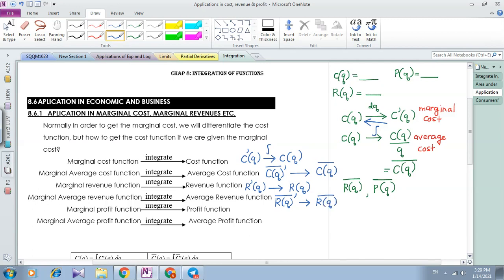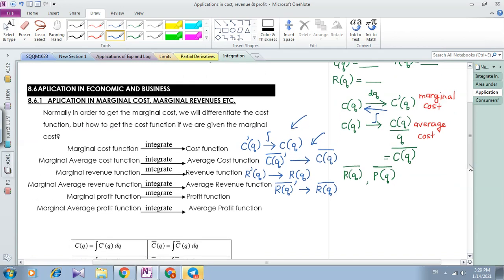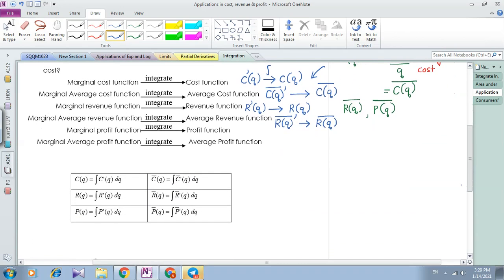If you understand the first one, you should be able to understand revenue and also profit, because the concepts are similar. We have this in this table.